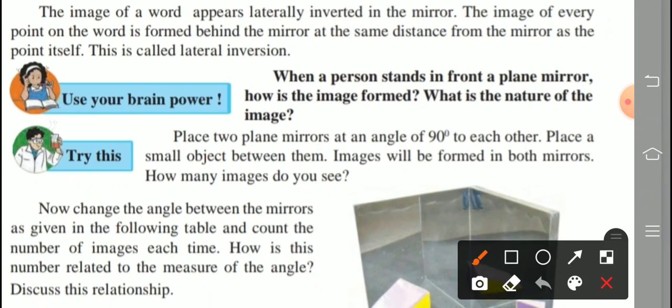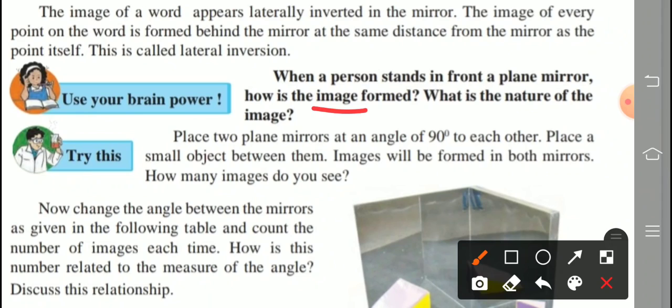Again, use your brain power. Like these questions, you revise. When a person stands in front of a plane mirror, how is the image formed? Like on the previous page, the image of the pencil formed in the same manner, the image of the person is formed from here.